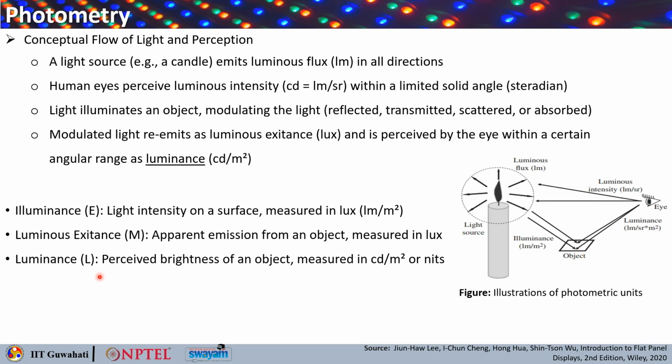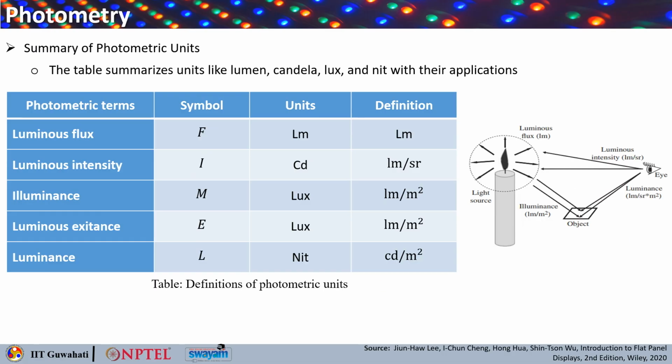And luminance is the perceived brightness of an object captured by the eye. Here the solid angle comes into the picture. It is measured in candela per meter square, or nits. These are the perceived brightness units.